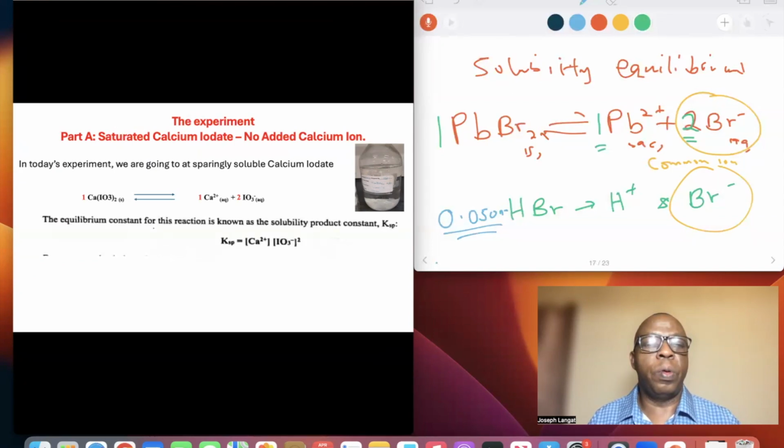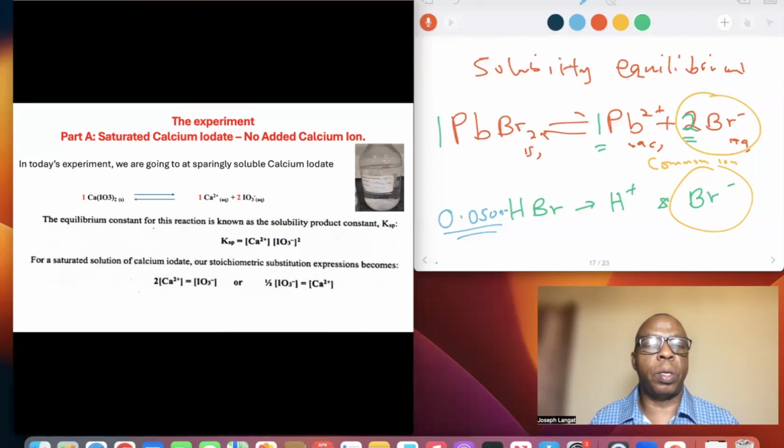If you know the concentration of each ion in the solution, you can plug in the ion product constant or solubility product constant to get the Ksp, and that is the main objective: to determine the concentration of which ion and then plug into this equation to find the Ksp.